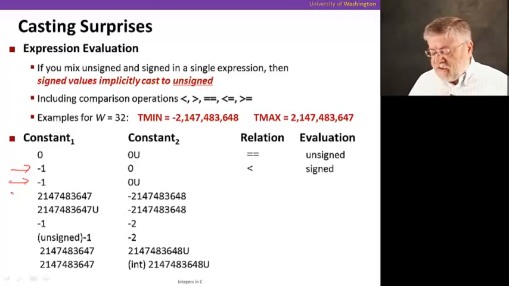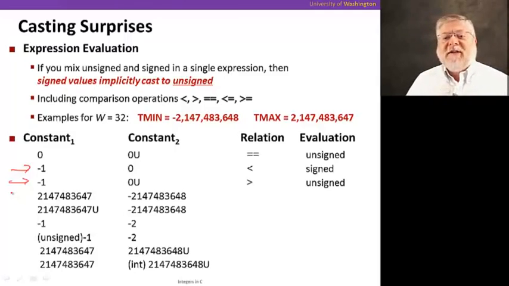So now we have a large number, and it's going to come out as being greater than. So look at that. Just because one of the constants is interpreted as an unsigned number, we get a totally different result, even though we might think we're comparing the same values. But that's just because of how the numbers are being interpreted. And C has this convention of converting everything to unsigned interpretation if we mix the two types.